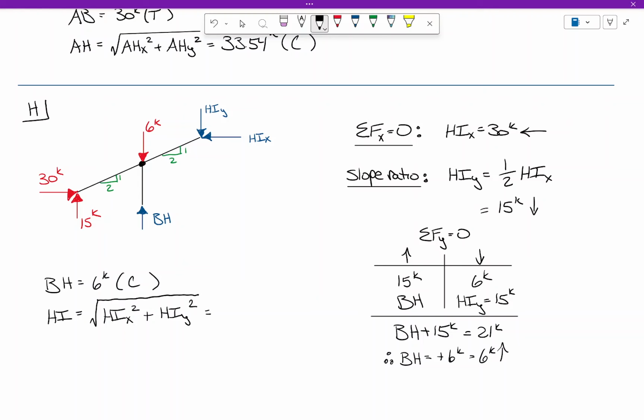Okay, so what is this? 33.54. Same thing, okay? And that's also in compression, right? Yes. Okay, making sure.